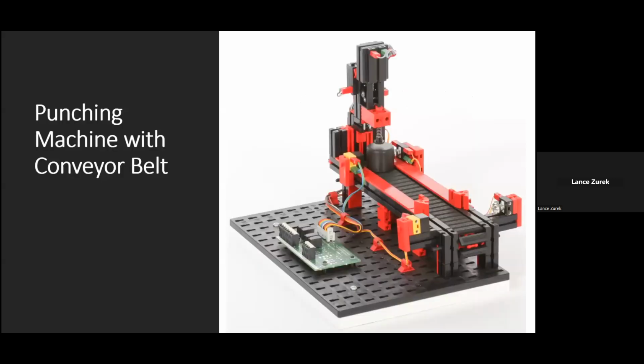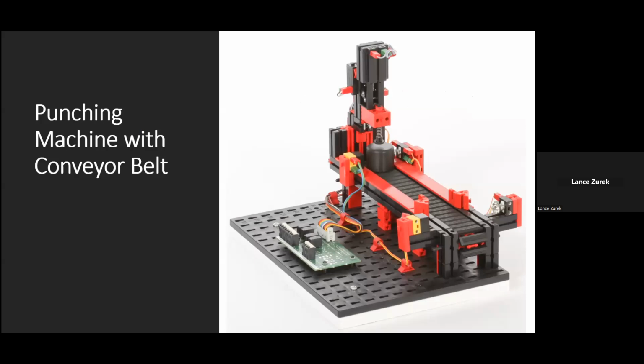The next model is a variation of the conveyor belt, which includes a punching machine. So this features essentially the same conveyor we just looked at, except of course this time it's got the machining station built in. Components on this model include 2 XS motors, 2 push-button limit switches, 2 photo transistors, and 2 LED light barriers.